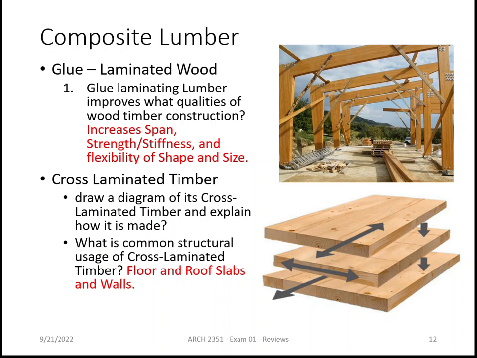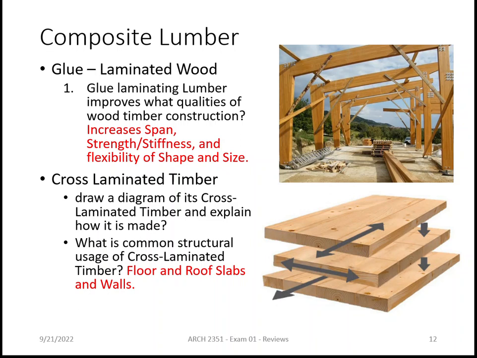Cross-laminated timber, okay? That's where we take lumber, right? And we run the boards cross to each other, and then we glue them together. So each board's turned 90 degrees on the next layer. So we have up to 3 layers, maybe as many as 7 layers of dimensional lumber. Okay.